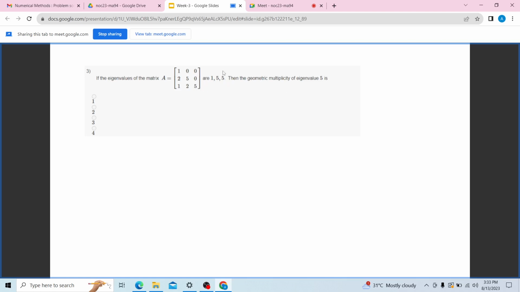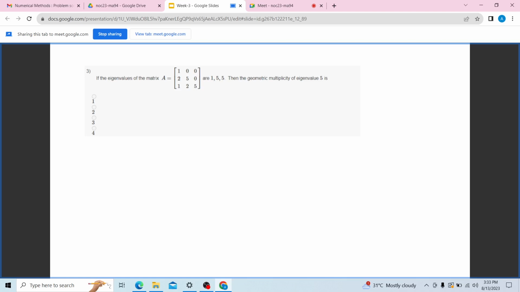Here you can see that the algebraic multiplicity of eigenvalue 5 is 2. Now you have to calculate its geometric multiplicity. So calculate it as we have done in the first question, or you can do it another way, by using the formula: number of variables minus rank of the matrix.